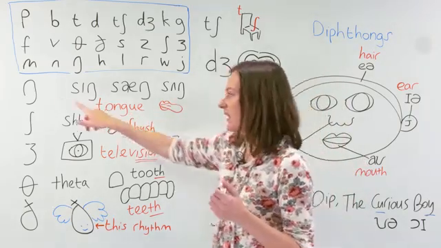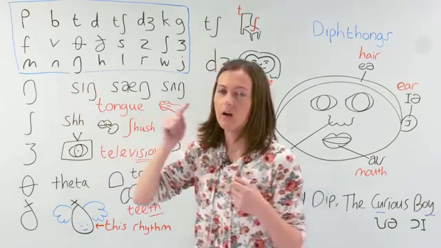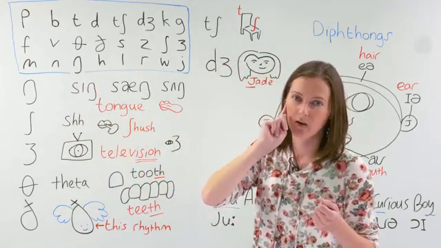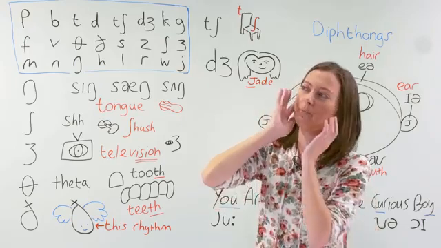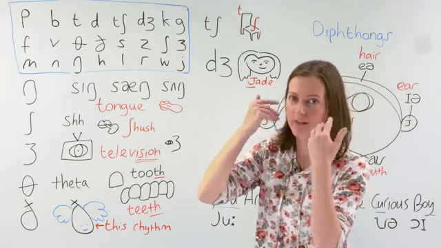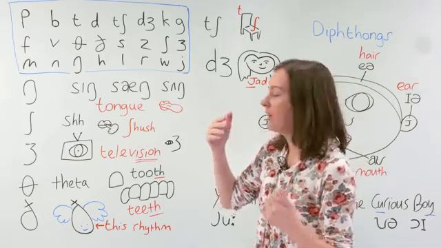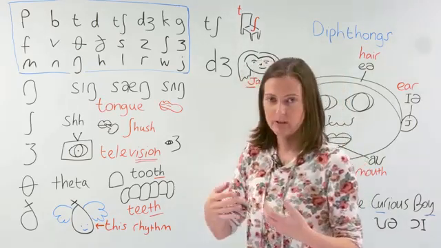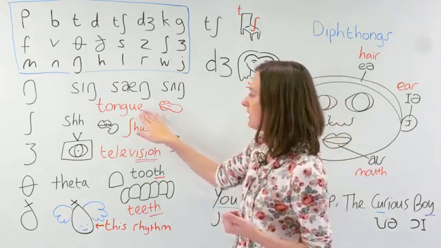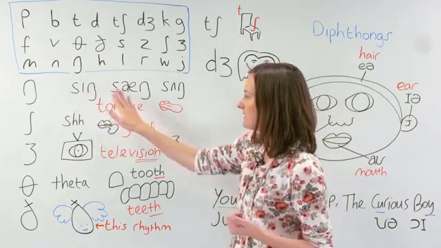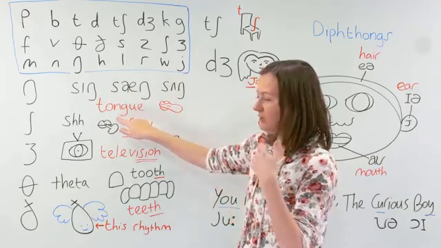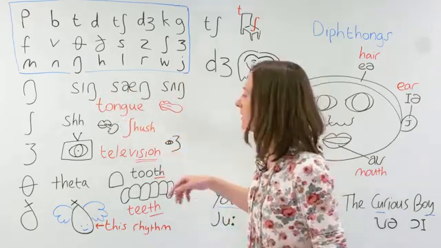When we say this sound, our tongue must go up to the back of our palate and close off there to stop any air coming out. So if you make that sound with me now, you'll feel your tongue go up, and that can help you remember it. Sing, sang, sung. To sing, sang, sung, use your tongue.